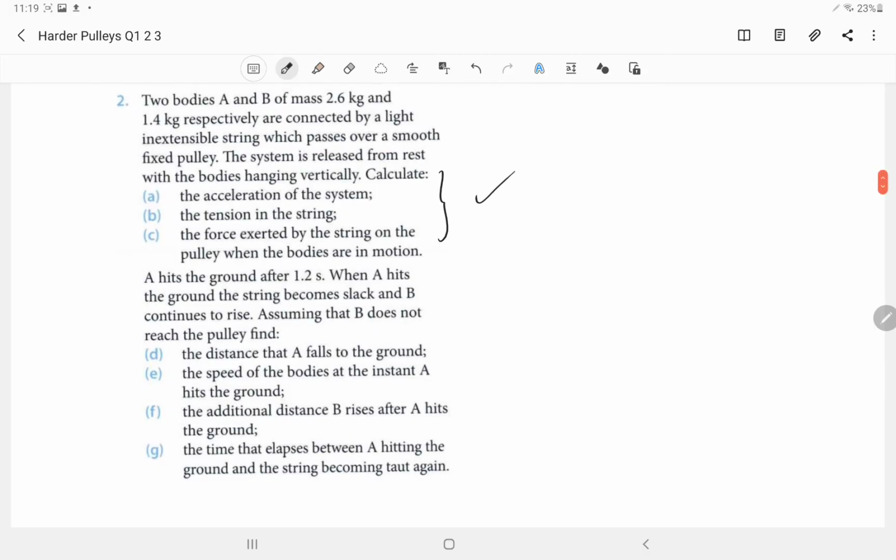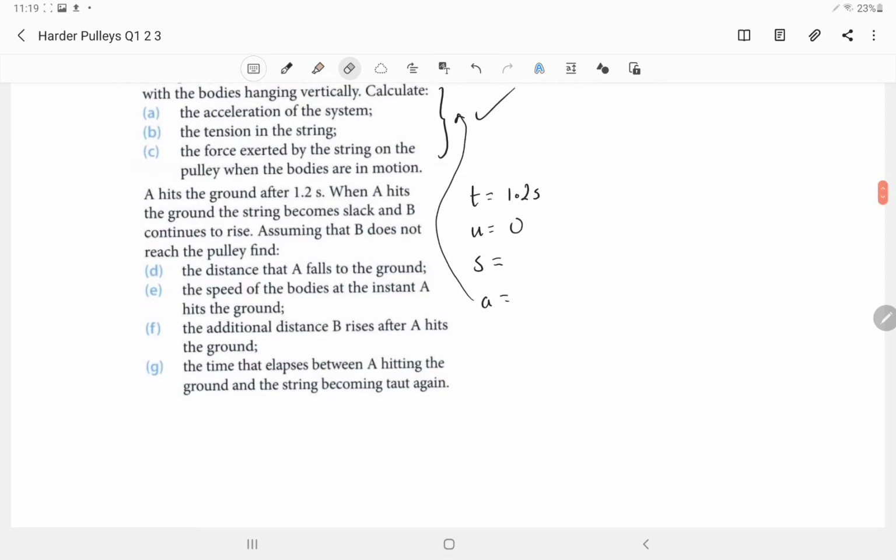Now just notice for question 2, it gives us t. The time is 1.2 seconds when it hits the ground. So then you'll use your suvat and remember that the initial velocity is 0. It's looking for s. You have a from the previous question. So it's the same type of question in that you're using suvat, but you might have a slightly different bit of information to start you off.